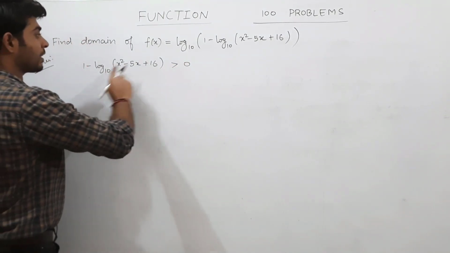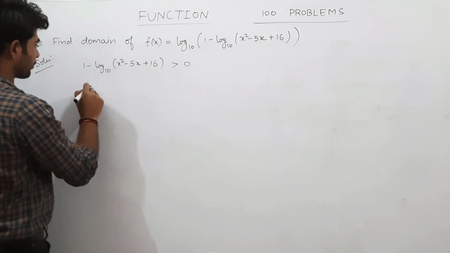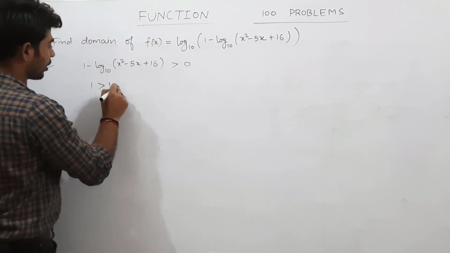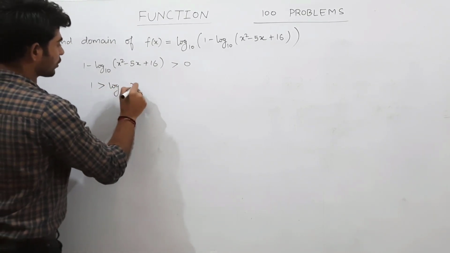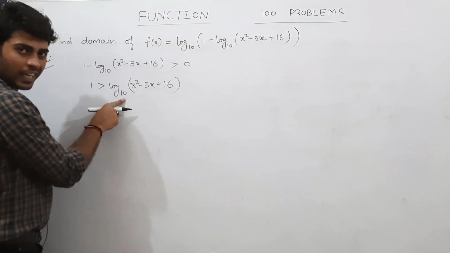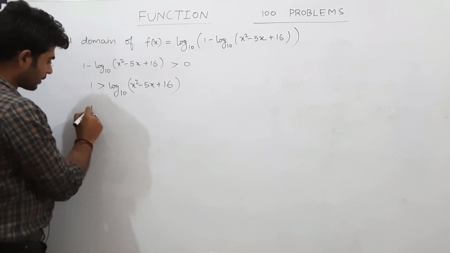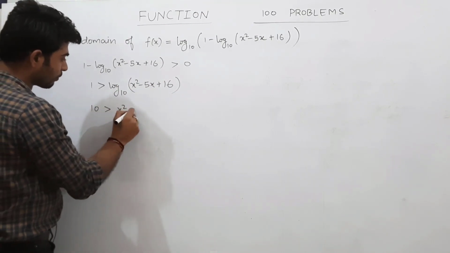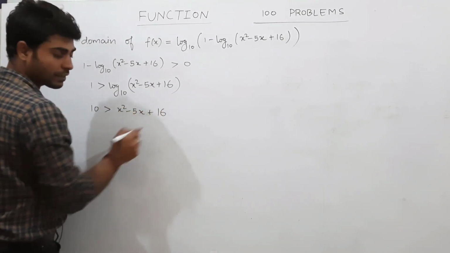Now we will take this on this side, and we get 1 should be greater than log base 10 of x square minus 5x plus 16. On transferring base we get 10 should be greater than x square minus 5x plus 16.